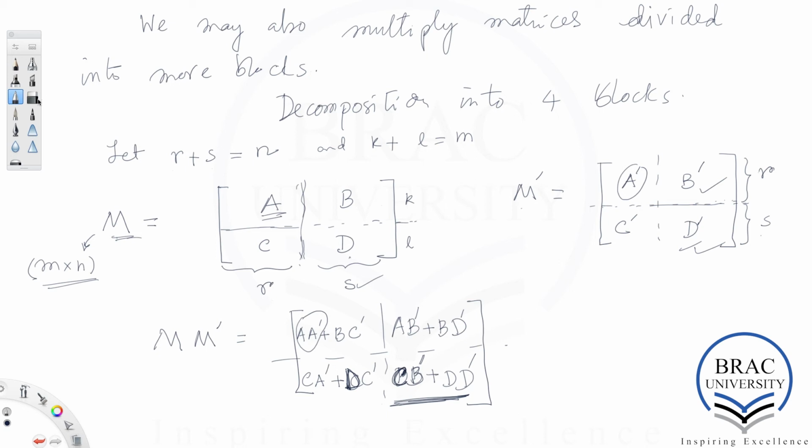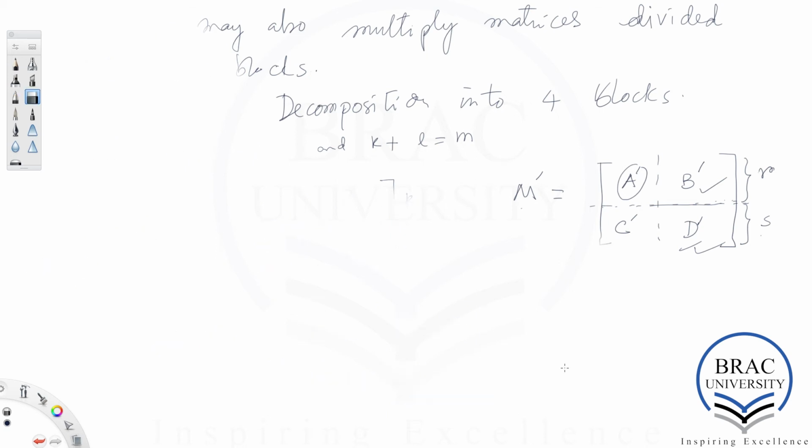Okay, let me give you an example finally. Example. Suppose we have a 2 times 3 matrix: 1 0 5, 0 1 7.